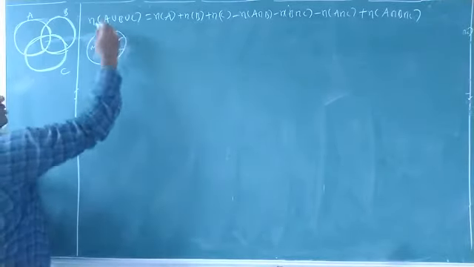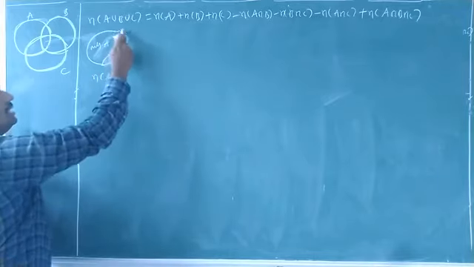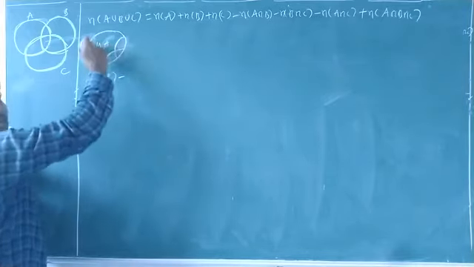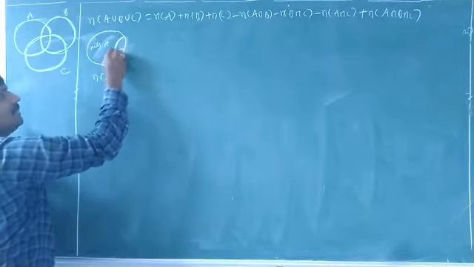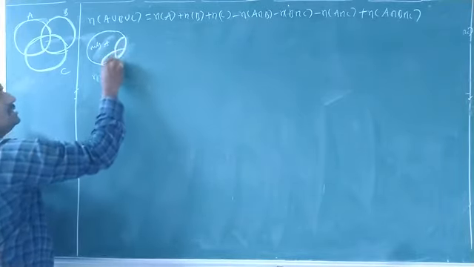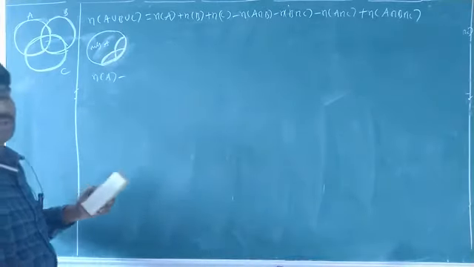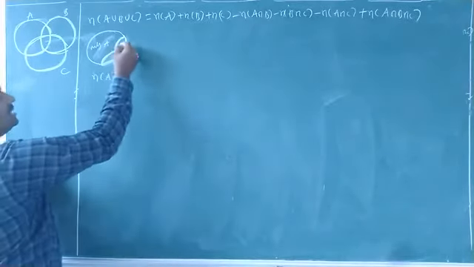To get this part, what do we have to subtract? Number of A. From A we have to subtract this part. When you subtract this part and this part, this part is removed 2 times. You should remove it only 1 time. That is why, only A means what is the formula?